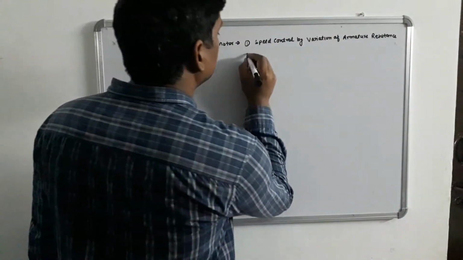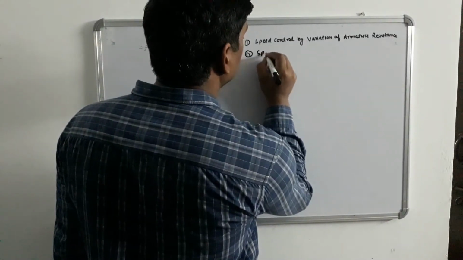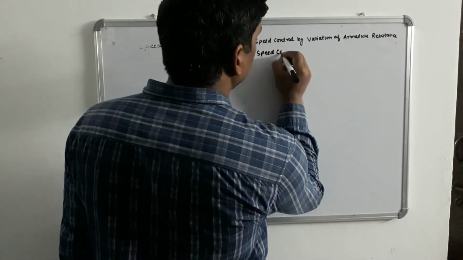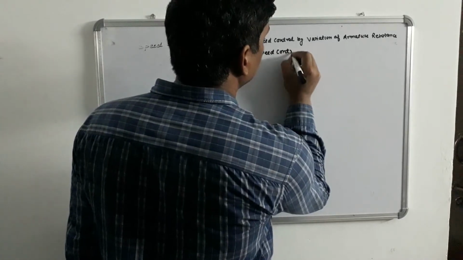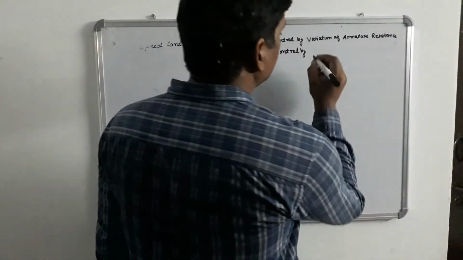Second is speed control by variation of field flux.